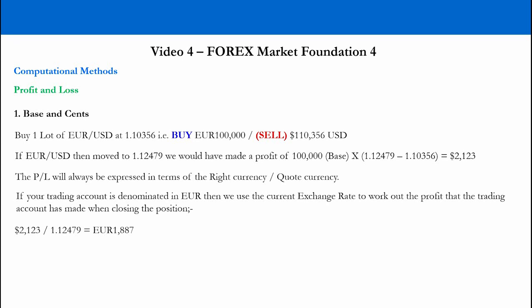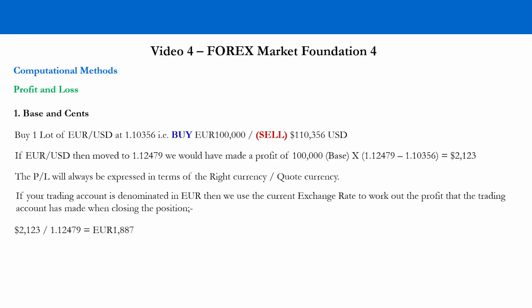So we take the profit, $2,123, expressed in the quote currency terms, and divide by the current exchange rate, 1.12479, and we get to a profit of 1,887 euros. So you can see that working out your profit and loss in base and cents is extremely straightforward.